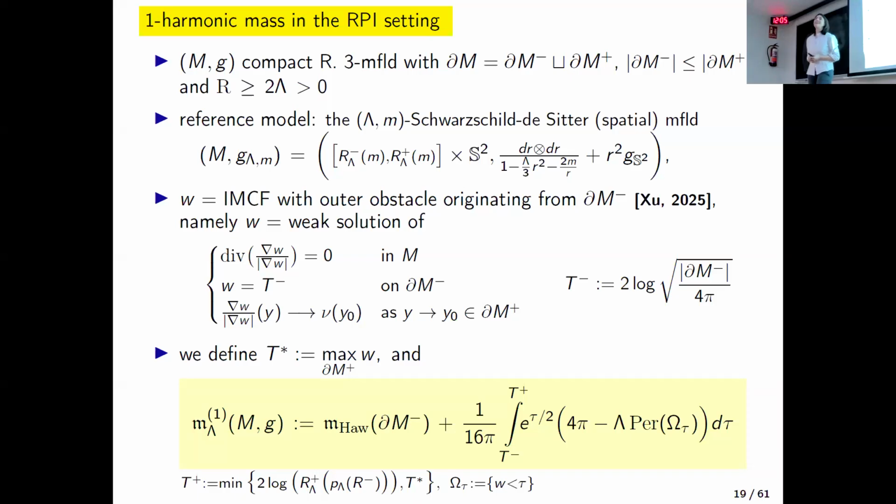Yes, but you have to take into account that this is also a compact manifold. Also, for example, the pole where you start. If you start from any pole, in the case of lambda equal to 0, it doesn't make a difference, because the mass is defined at infinity, so it doesn't matter where you start. But here we are in a compact manifold, and we also have this lambda positive.